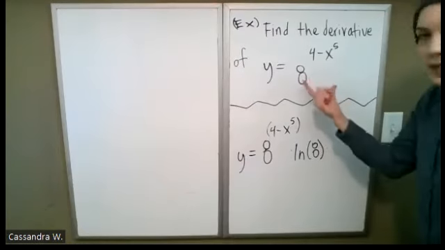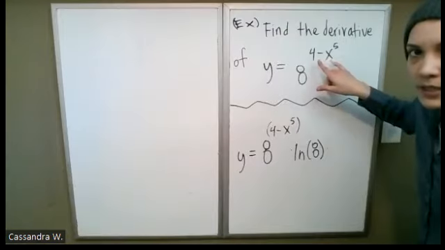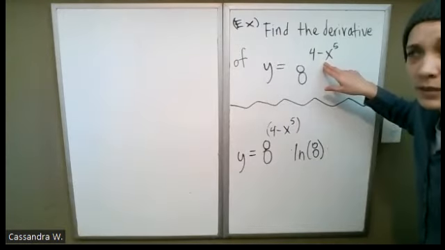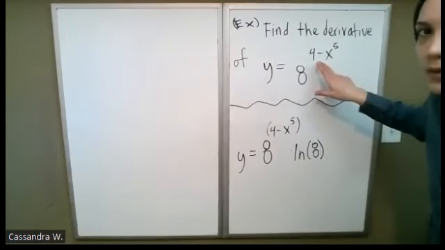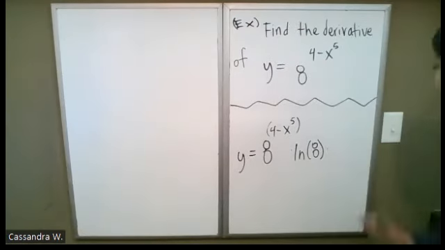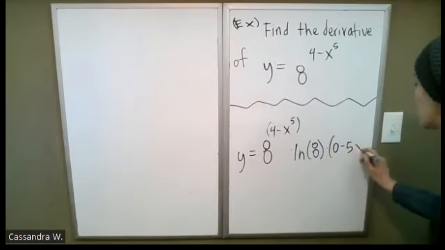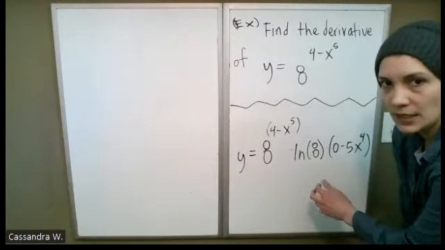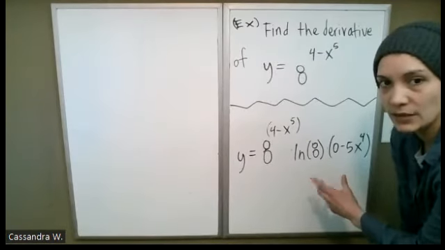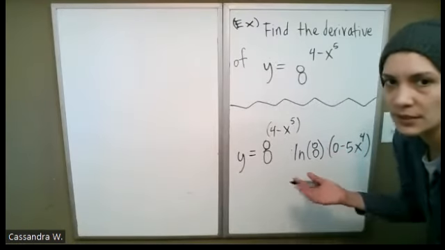Okay. Now that's the derivative of the outer function. Go up into the exponent where you've got your inner function, and that derivative would be negative 5x to the fourth. Well, 0 minus 5x to the fourth. Okay, and then I put the ln of 8 in the front, and I also put that 5x to the fourth in the front because it's easier to read.